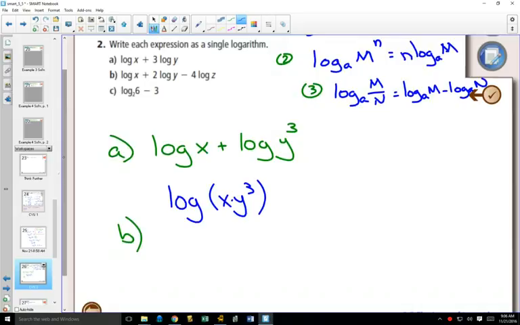Now, that third log law with the dividing has the same stipulations as the first one. It only works if it's one log, subtract one log.